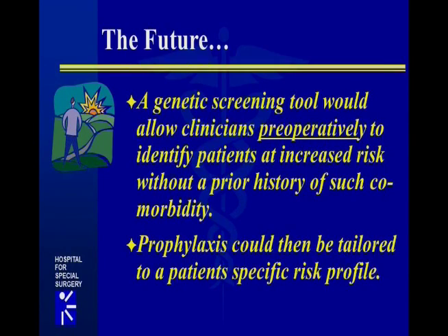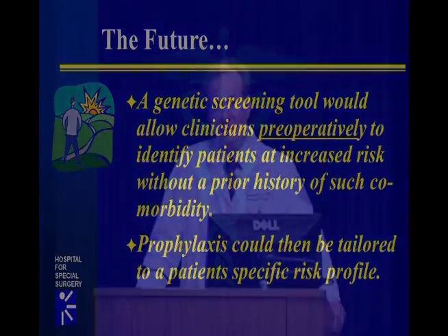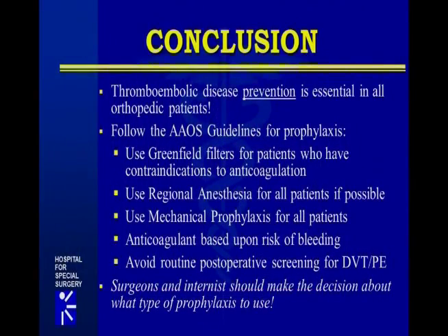What I mean by that is that we can then risk stratify patients based upon their genetic risk, and we can only use the more potent anticoagulants for patients that have genetic risk that put them at a much higher risk category. This way, we'd be able to avoid the complications associated with potent anticoagulation, such as bleeding, and also the increased cost of these medications, and only use them in specific circumstances where patients are at greater risk.